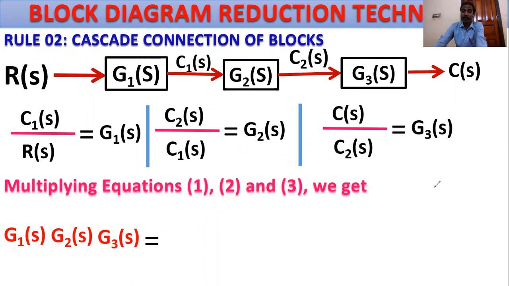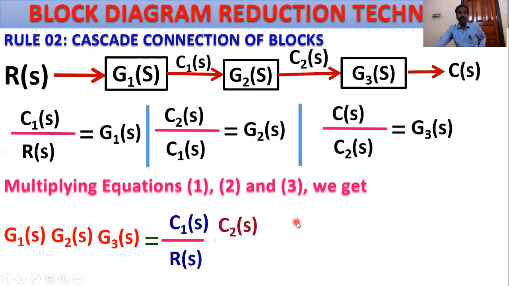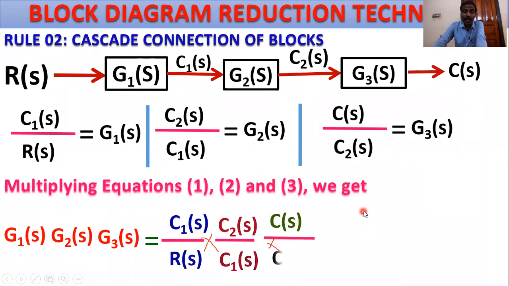Then the right hand side multiplication: first C1(S) by R(S), into C2(S) by C1(S), and the third into C(S) by C2(S). So what is the transfer function? Output by input. In this case, C1(S) cancels and C2(S) cancels.